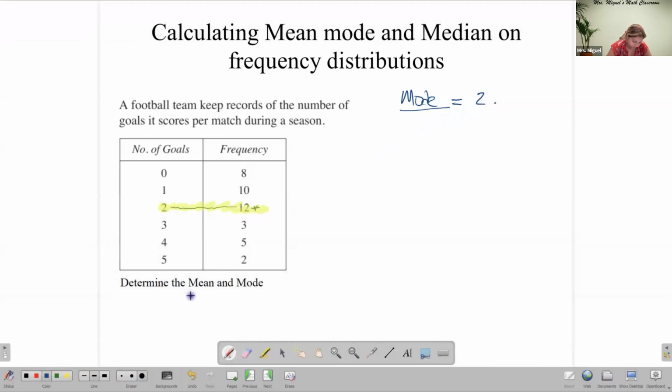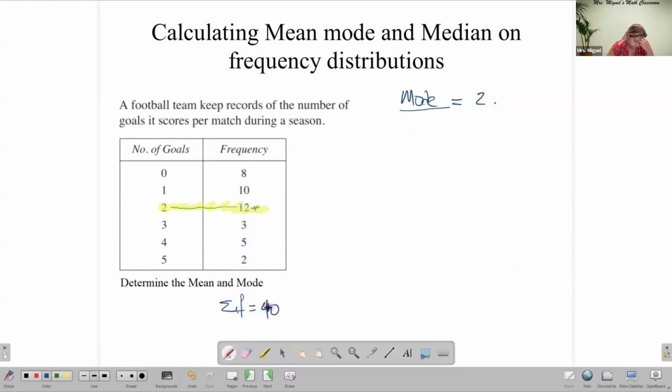Now we're going to go on to calculate the mean. As I said before, there are 40 numbers represented here. So we need to add up just to show. The frequency is 8 plus 10, 18, 20, 30, 33, 35, 40.